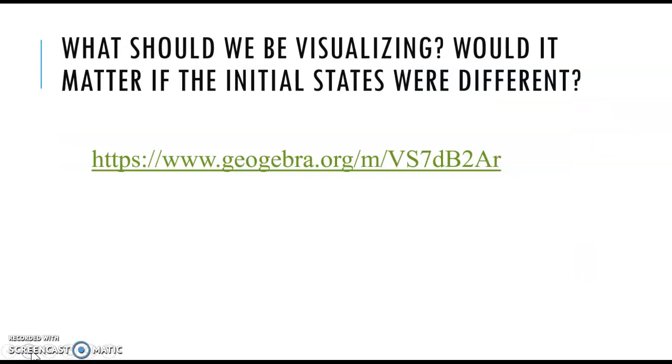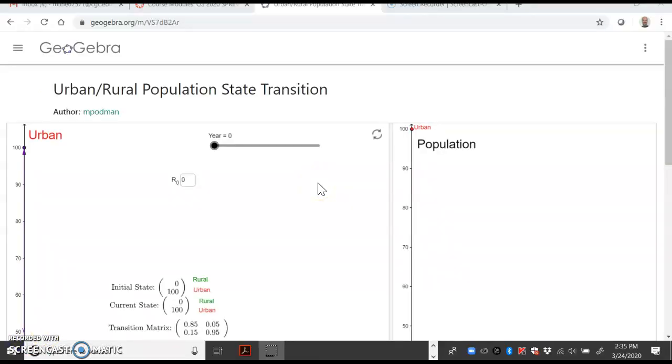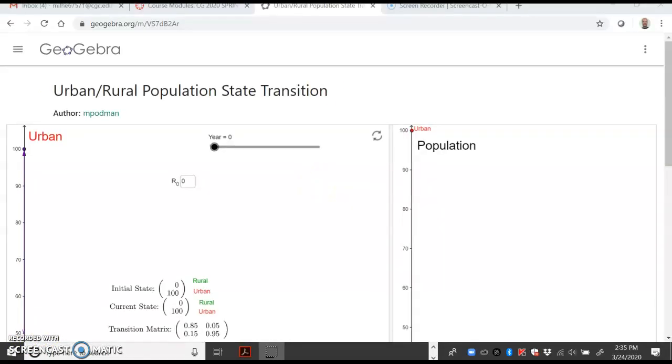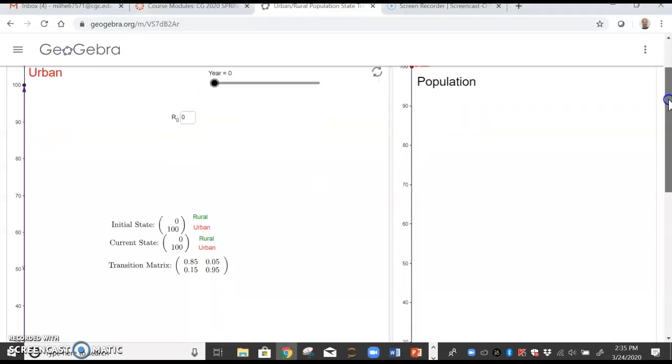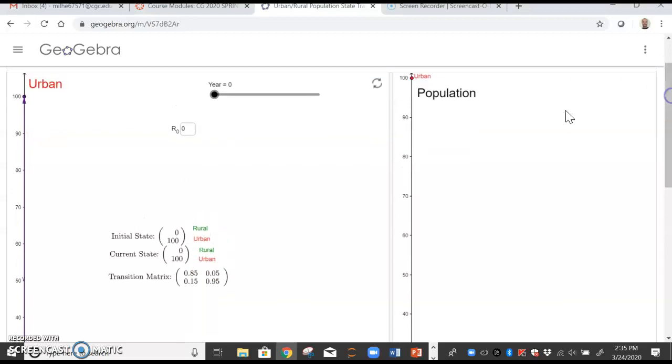We've been talking a lot about visualizing matrix manipulations, and this is no different. So we're going to go ahead and hop over to an applet created in GeoGebra, and you're welcome to check this out and play with it. Okay, so here we have it. Here's our little applet, and what we have on this left half of the graph is we can set our initial rural population, which we know is initially 20.